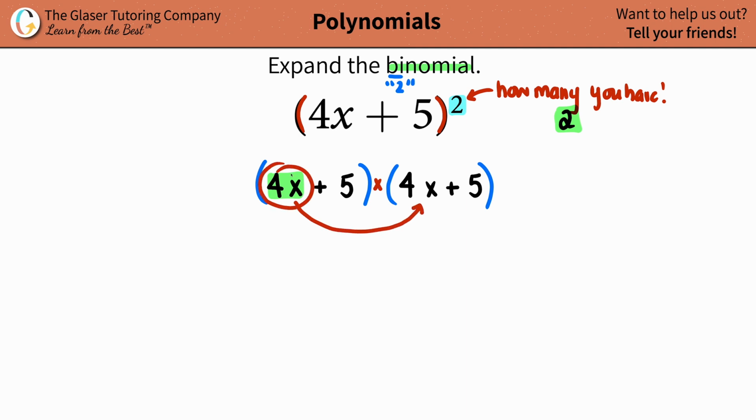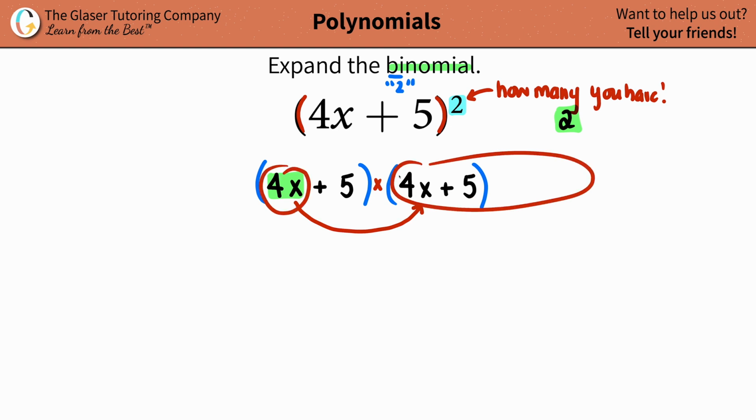So we're going to take our 4x and multiply it with our 4x term. And then the 5 is like, what about me? That's when you've got to be fair. You must take this term and multiply it by all the values in the second parenthesis. Since we have 2 terms here, I've got to take that 4x times the other 4x, and times the 5. So let's do the actual math, and then we will come back.